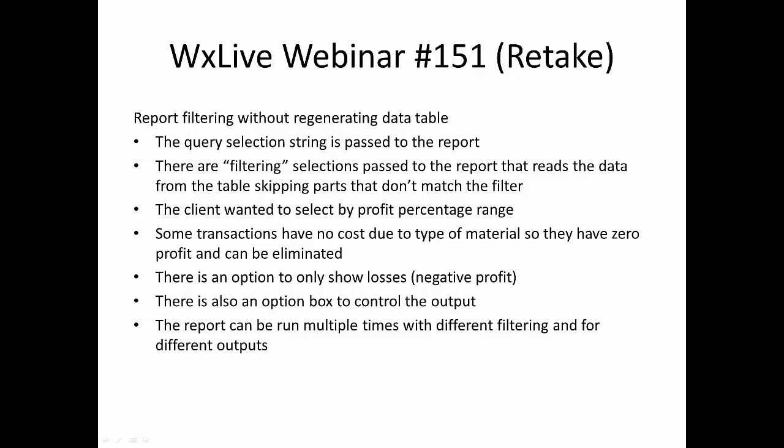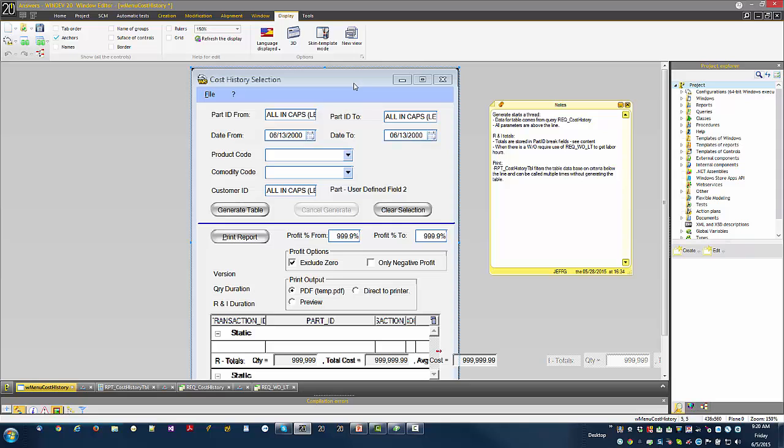The nice thing is that the report can be run multiple times with different filtering for different outputs without regenerating the data. This is our selection menu, and as mentioned before, everything above the blue line is parameter selection for the primary query.